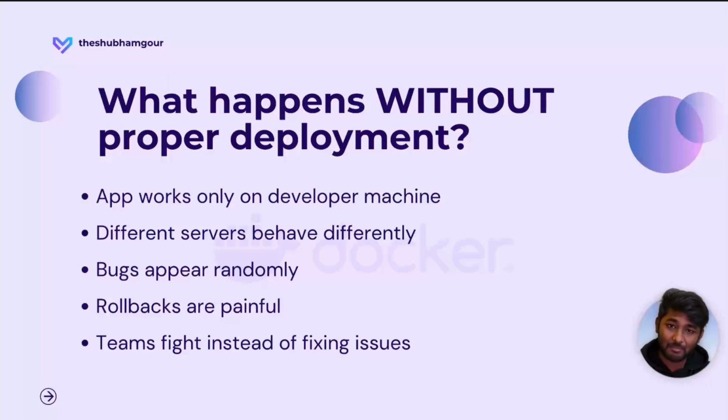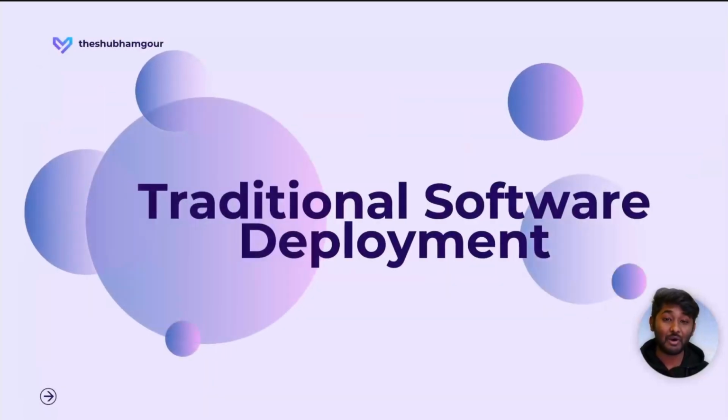Why is this happening? Because there are environmental changes, and that's the issue. The server behaves differently. Bugs will appear randomly if these are not in sync. The rollback will become painful, and the release team will say, God save us. And the team will fight instead of fixing the issues. So this will happen without proper software deployment.